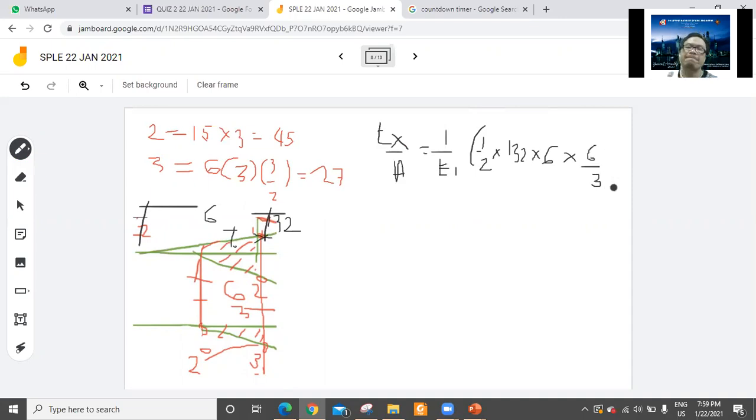How about this negative side, the lower part? Minus 1/2 times our number 2, with height 45, and the length here is 3. The centroid is toward here, 1/3 of 3, which is equal to 1.